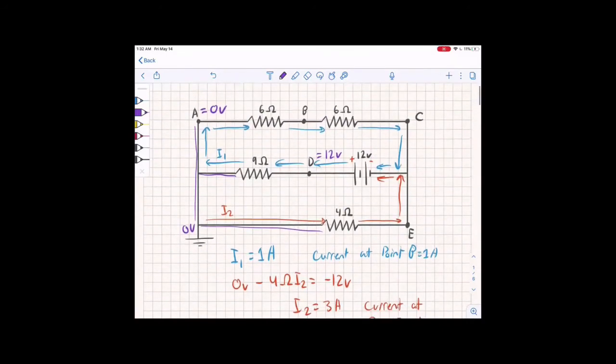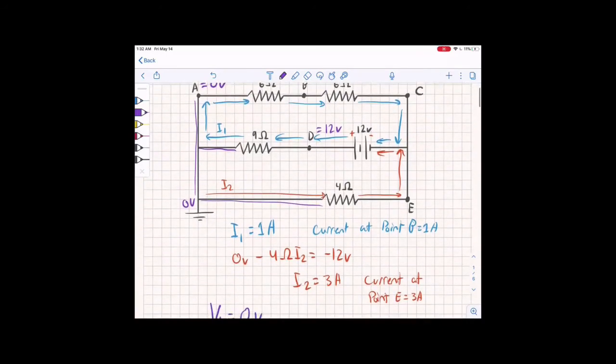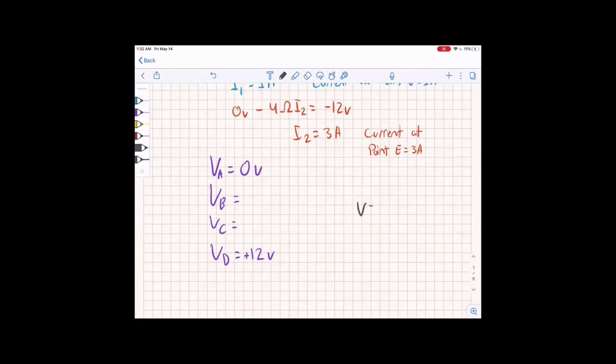Now moving on to point E. To find the voltage at point E, you're going to have to use the equation V equals I2R. So V equals 3 times the resistor, 4 ohms.